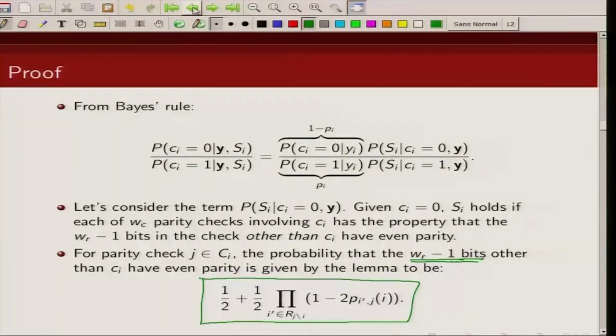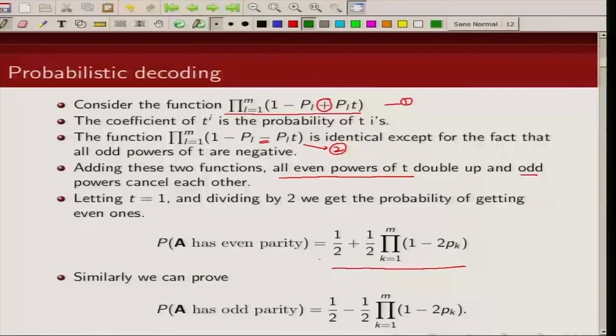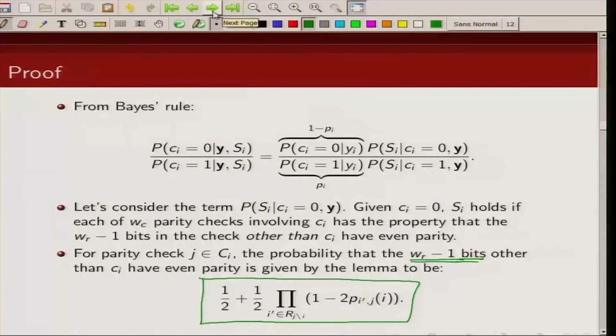If you go back, the probability that m random variables have even parity is half plus half product of 1 minus 2 pk. So, the probability that WR minus 1 bits have even parity is half plus half.